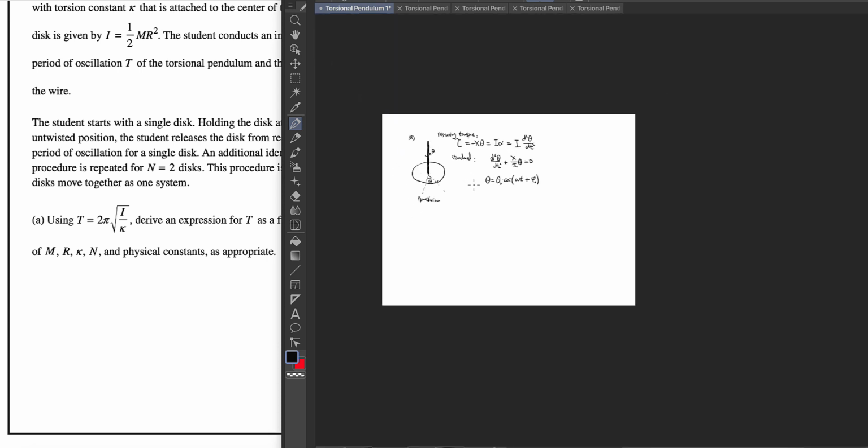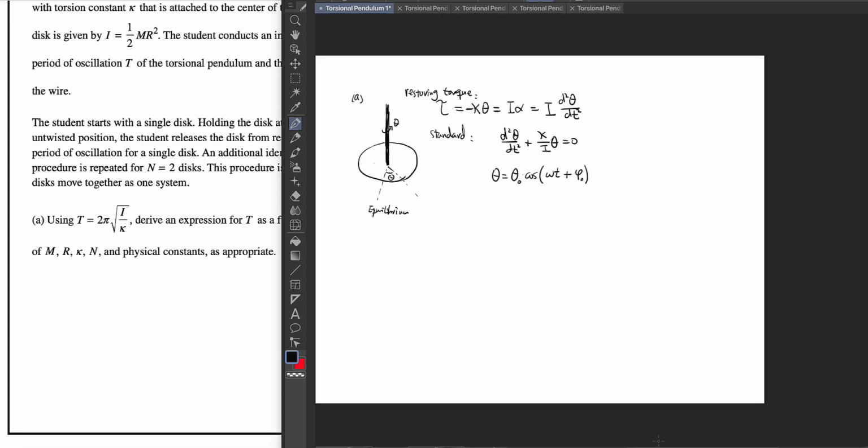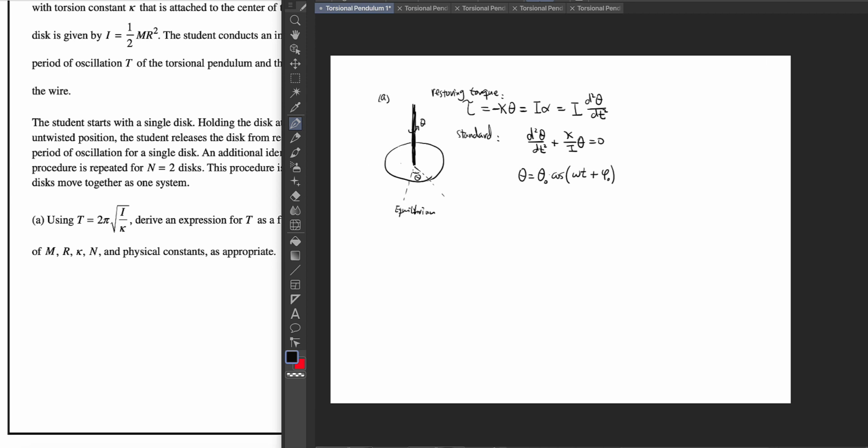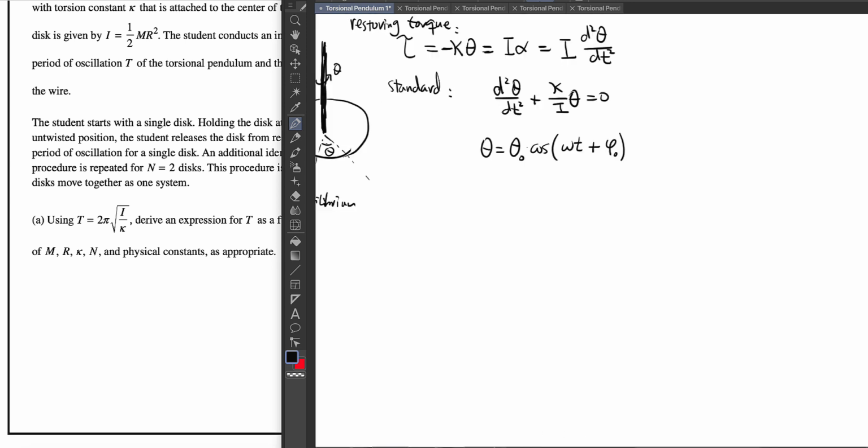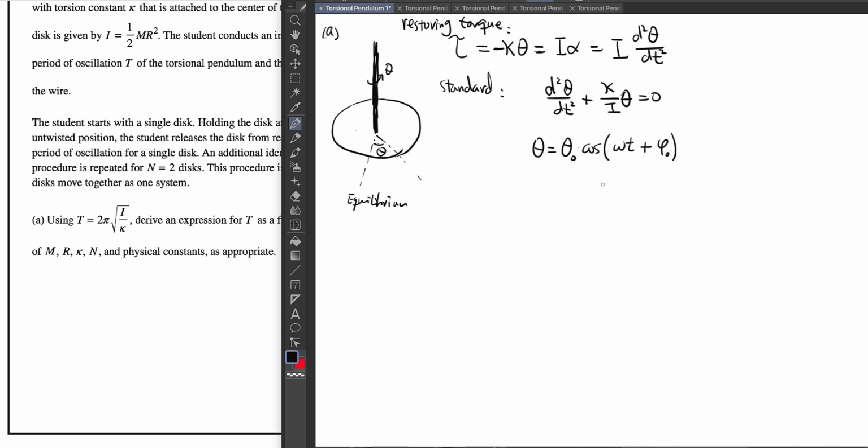So that's the amplitude, which is the initial angle. And finally is the phase constant. You can also say initial phase. So that's when you start timing at t equals 0, and then the angle will be phi naught.